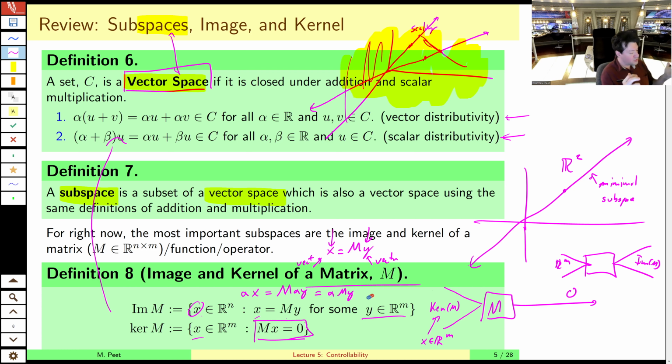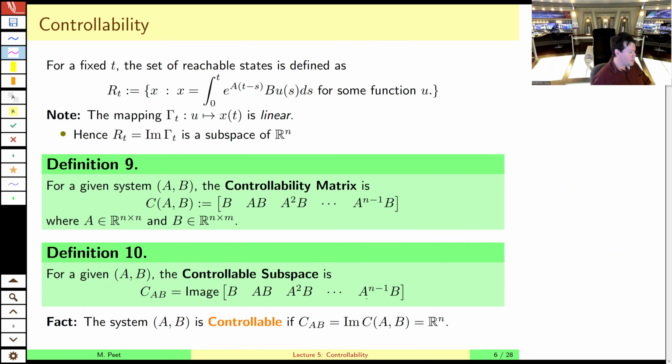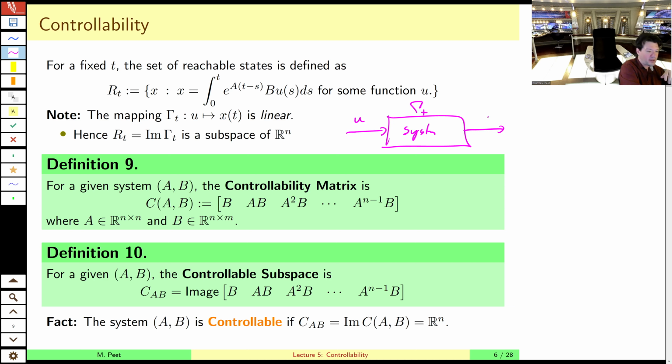Okay, so these are the key subspaces when considering matrices. Now let's see if we can extend that to some extent to systems, and see if there's any parallels. So this is a system which we sort of write as gamma t, and we're looking at the set of inputs which will spray into our reachable set, our set of reachable x's.